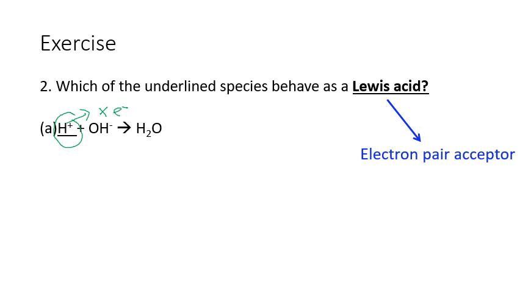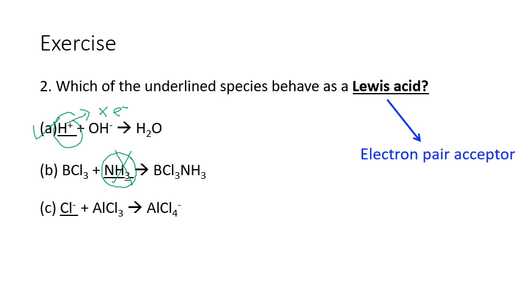Hence, H+ is ready to accept an electron pair. So H+ is a Lewis acid. While NH3, we know it has a lone pair of electrons, so it tends to donate the lone pair. So this is not a Lewis acid. The third one, C and D, will be your exercise.